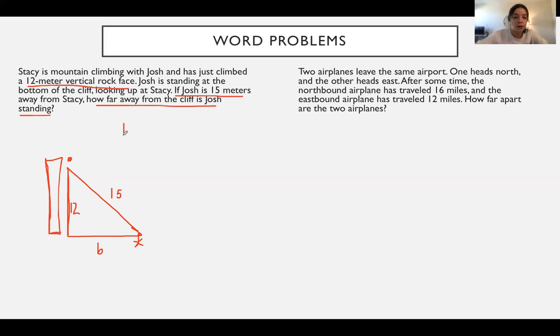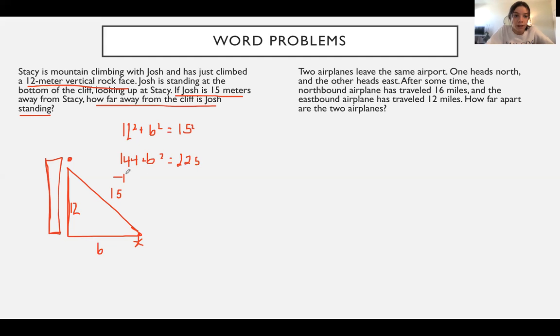So we have 12 squared plus b squared equals 15 squared. 12 squared is 144, plus b squared. Oh, sorry, I forgot to put the 15 squared equals, and 15 squared is 225.